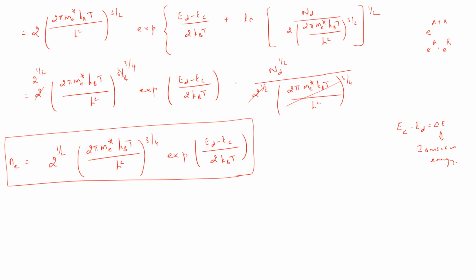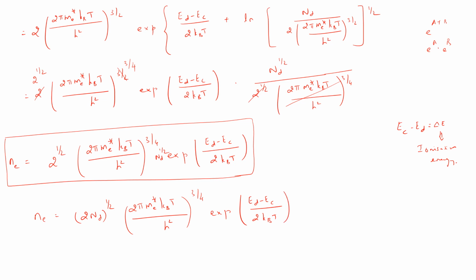So I can write this expression. Where is ND? I have missed ND, no? So ND power half. I can now write the above equation like this: (2ND) whole power 1 by 2 (2 pi me star kBT divided by h square) whole power 3 by 4 exponential of minus delta E divided by 2 kBT.